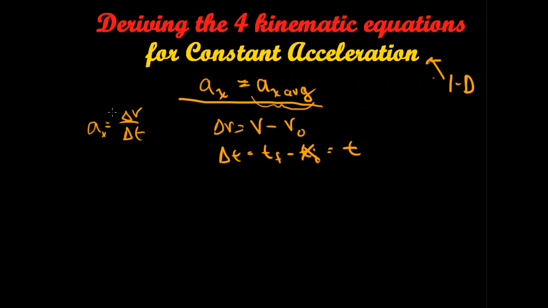Imagine that you see a problem asking you for the final velocity of an object under constant acceleration, and it gives you the acceleration, the initial velocity, and the time. Well, it might be a little easier to use a formula that's solved already for the final velocity.